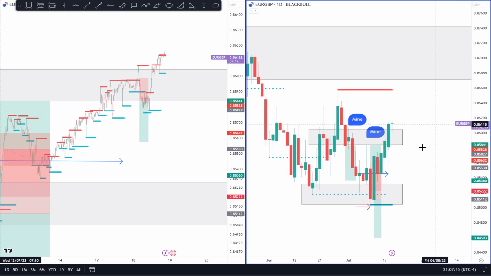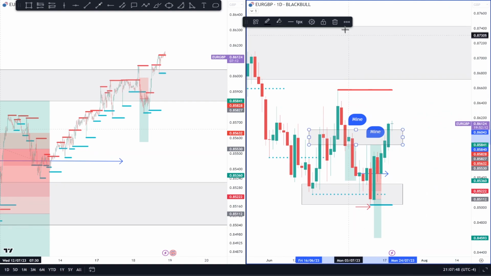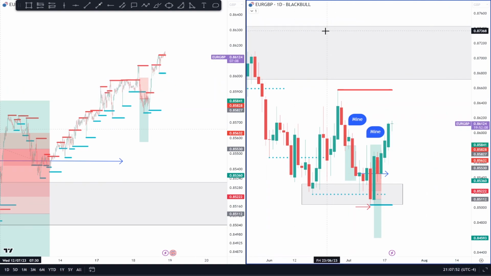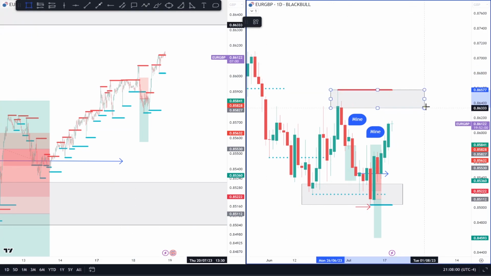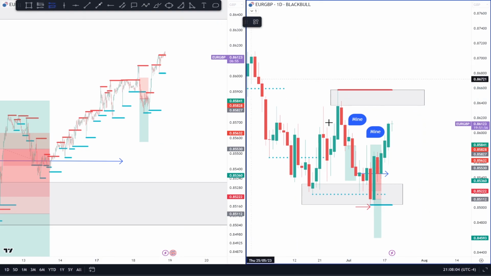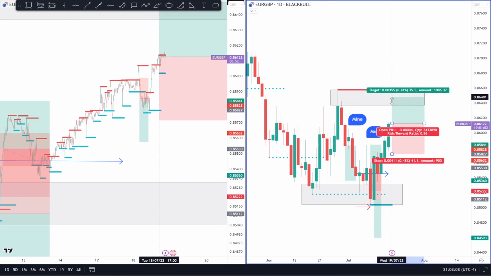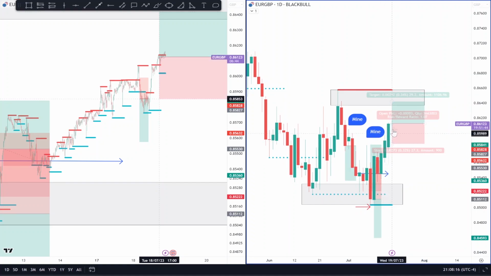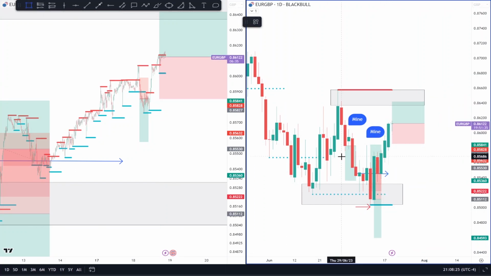Euro pound looks like it's moving up. I'm gonna get rid of this zone. This zone up here is not very relevant. The closest one is this one here, and we're gonna enter a buy for my strategy up to this area, just following the momentum of the strong candles. We could potentially have a bounce down to this zone.